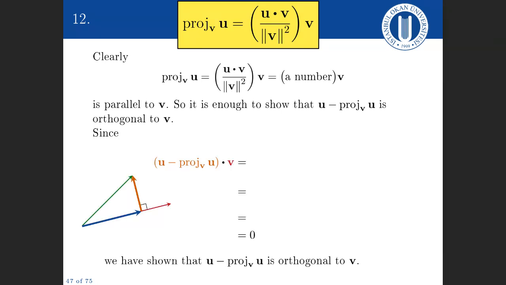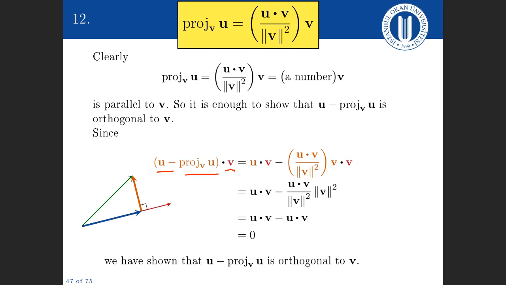So the calculation goes like this. We're going to do the dot product between u minus the projection of u onto v with v. That's the same as u dot v. That's the first part, so u dot v. And then minus the projection of u onto v dot v. There it is.